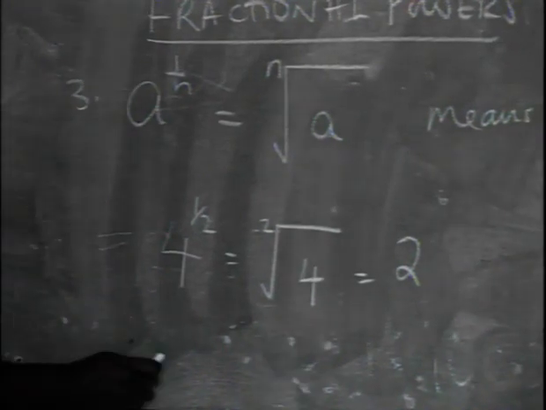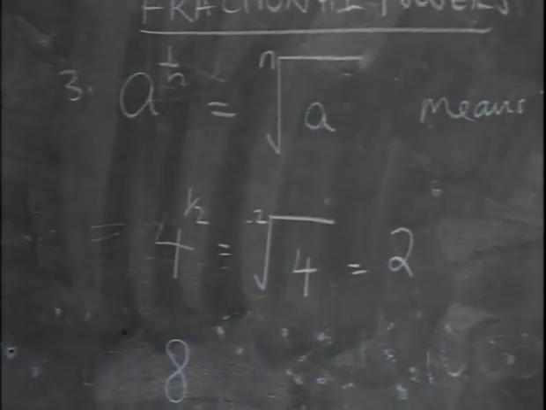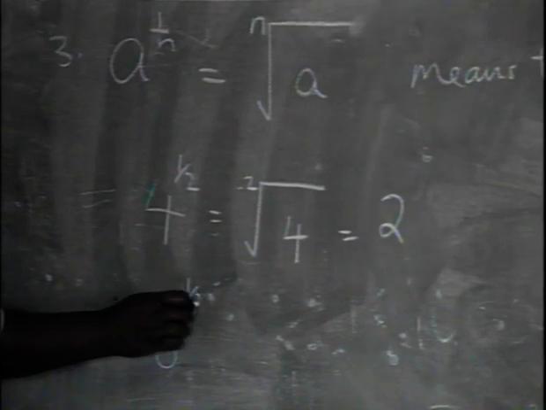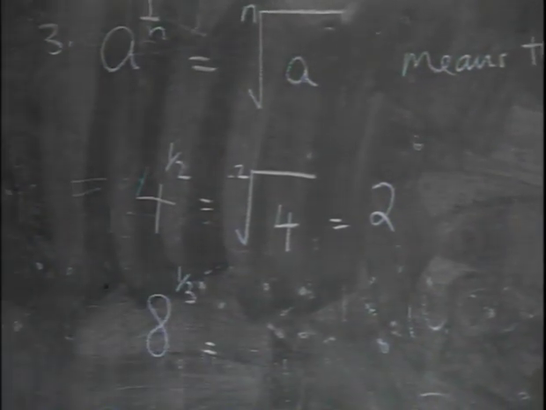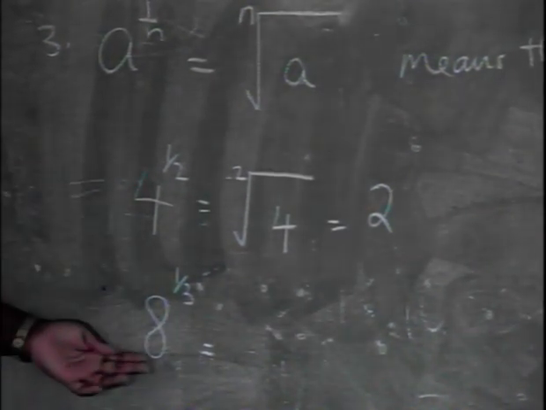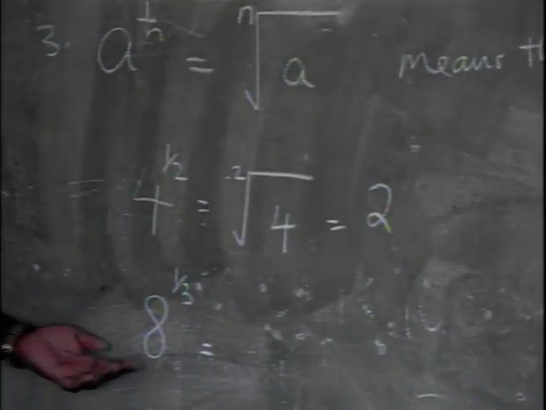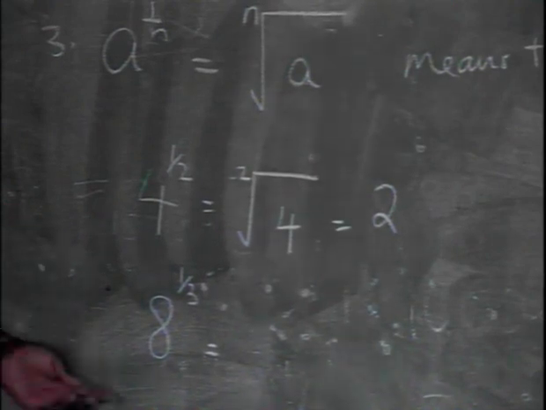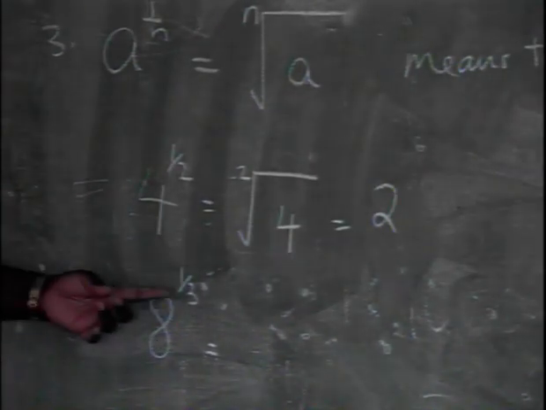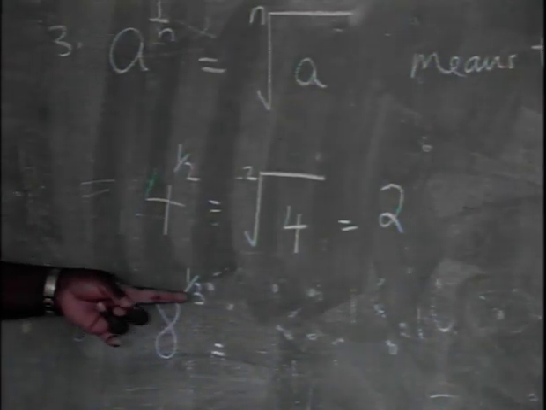If I wrote, let's say, 8 to the power of 1/3, in other words, I'm looking for a number that I multiply 3 times by itself to give me 8, or otherwise the cube root of 8.